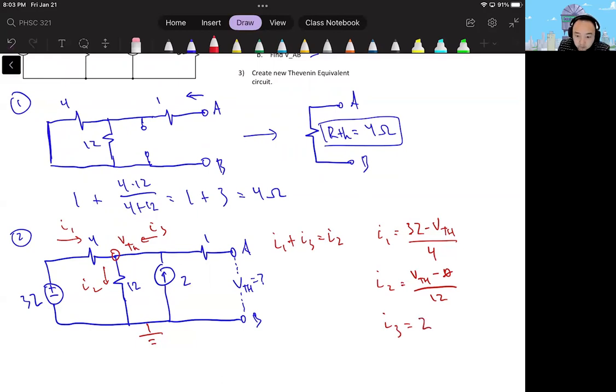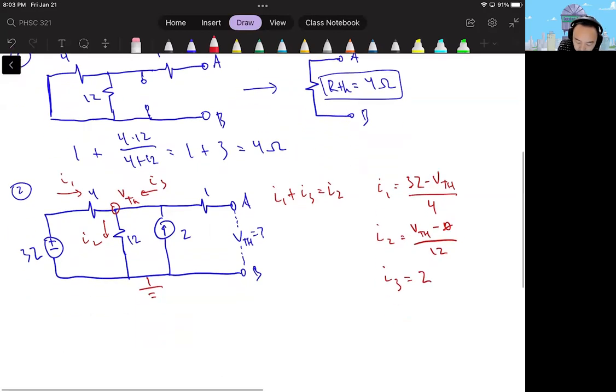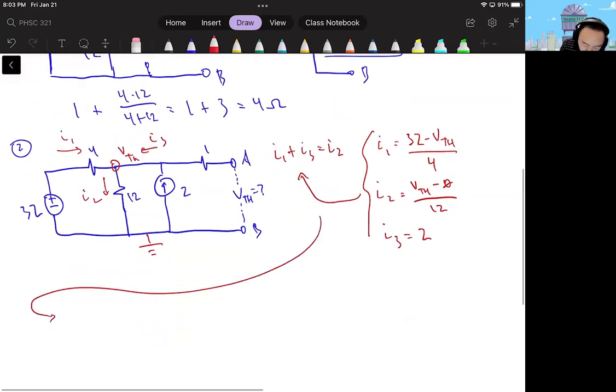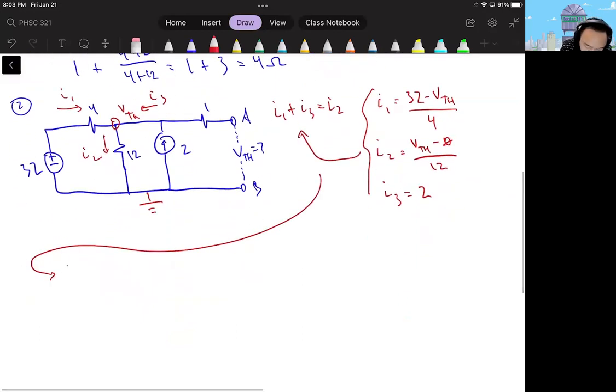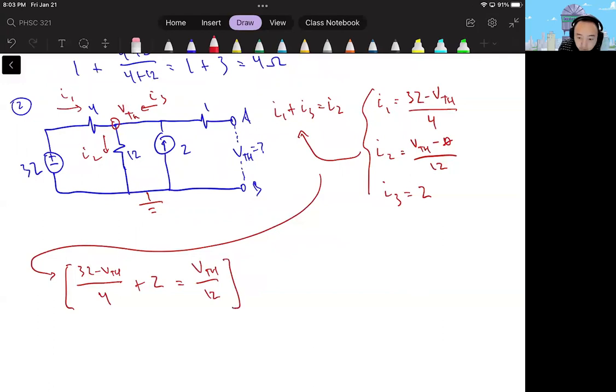All right, so when we substitute all these back into the node equation, we end up with this equation: (32 minus VTH) all over 4 plus 2 is equal to VTH over 12. I'm going to multiply this by 12 to get rid of the denominators.